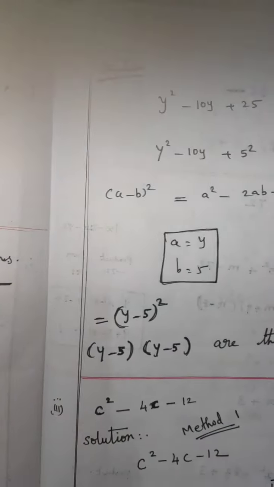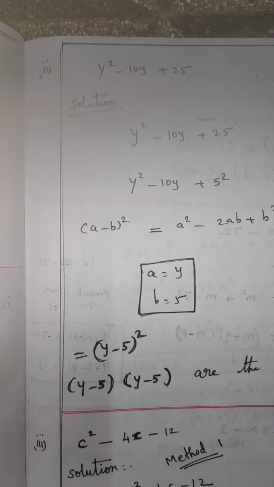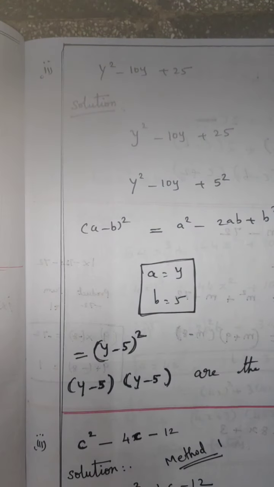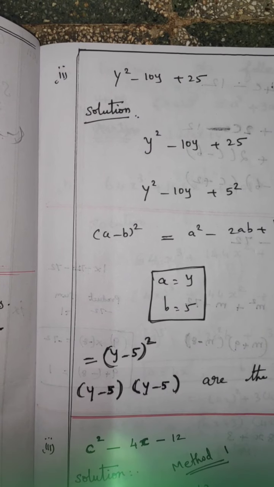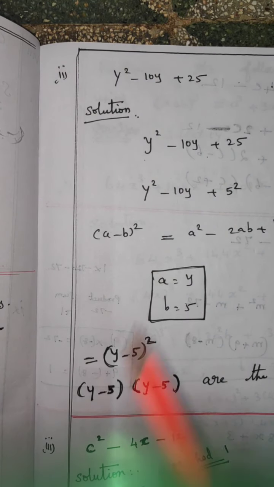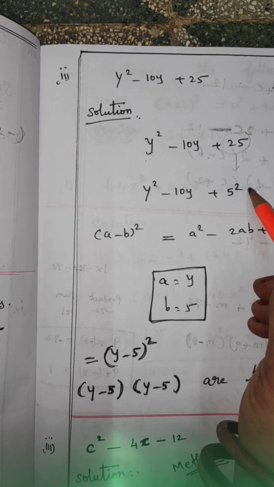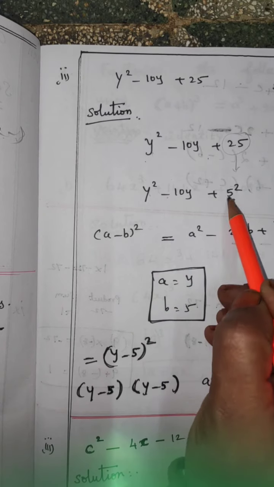Next question, y squared minus 10y plus 25. See there, y squared minus 10y plus 25. Write the question. See the work: y squared, and 25, how do they expand it? 5 squared. So one minus symbol, the other plus symbol.